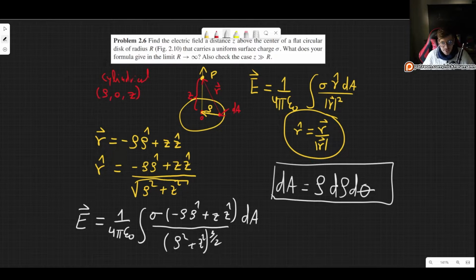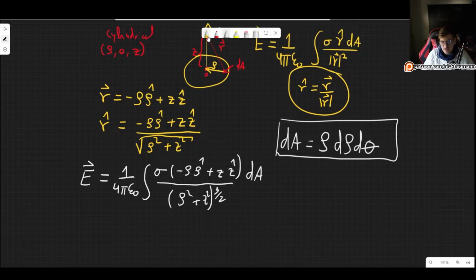We also integrated in polar coordinates last time, except that rho wasn't variable, so that's why rho didn't come into effect. So instead of dA, now we have rho d theta. And what are the limits of the integral? We have two integrals. So d rho goes from 0 to big R, and theta goes from 0 to 2 pi, because we are integrating over the entire disk.